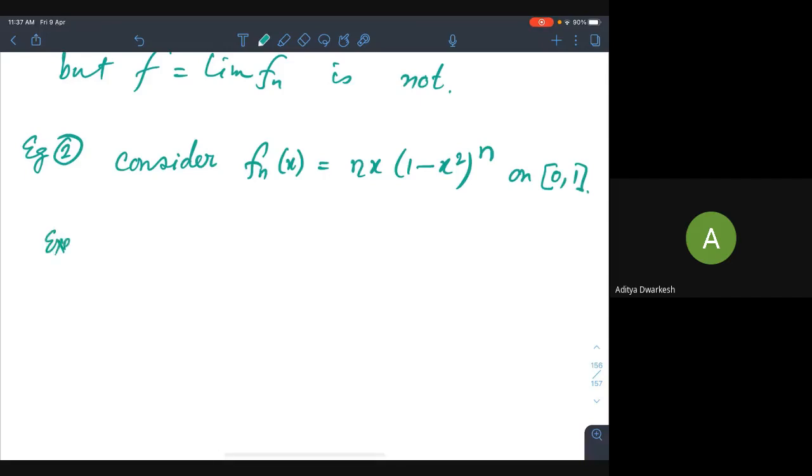This is an exercise in sequence of series, not just functions, it's a sequence of real numbers. Limit: fix an x and you want to find the limit as n tends to infinity of f_n(x), which is equal to 0.